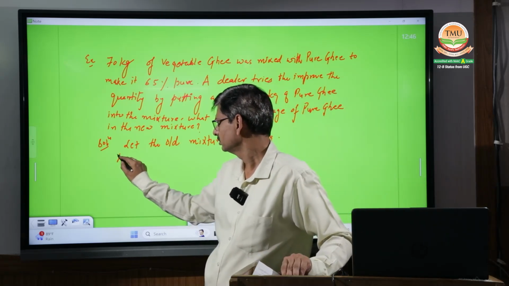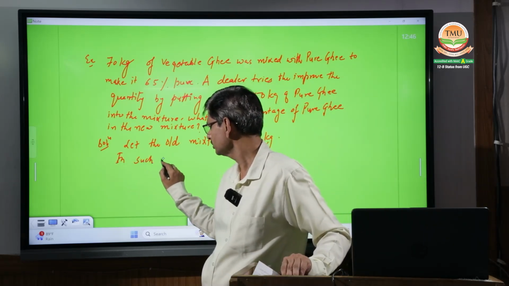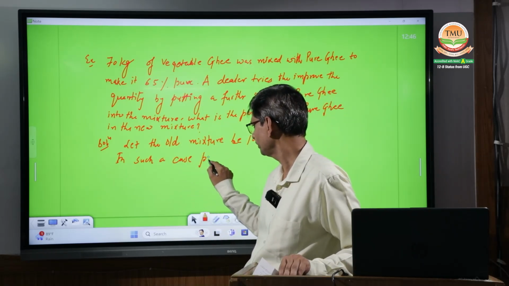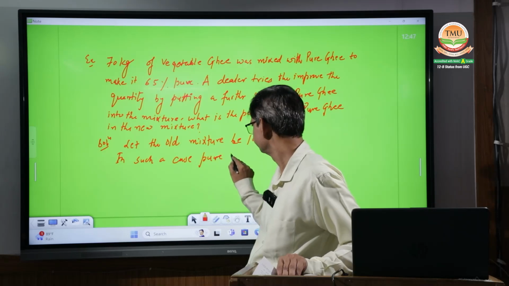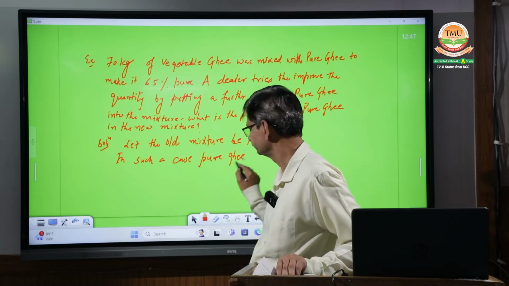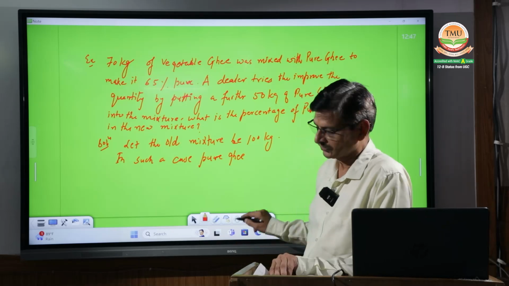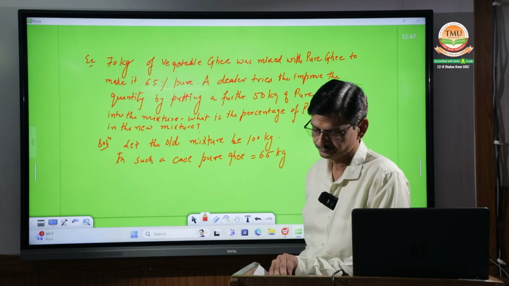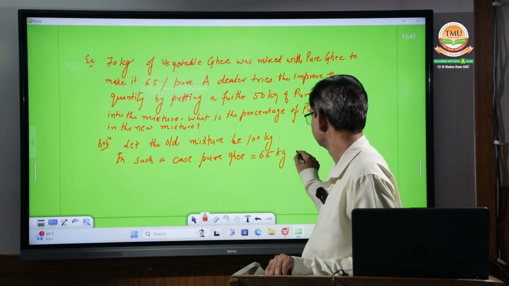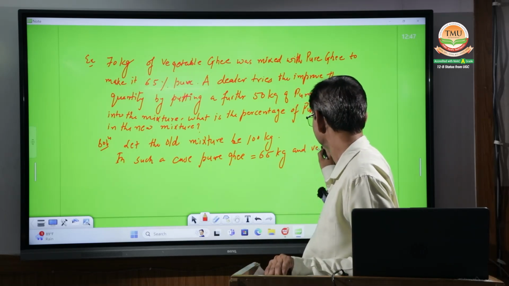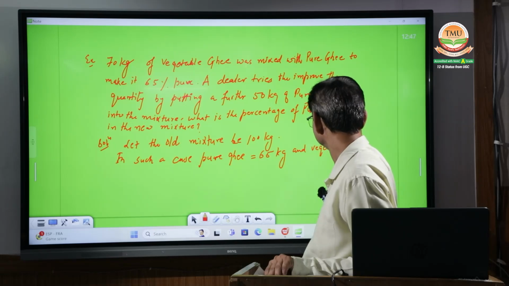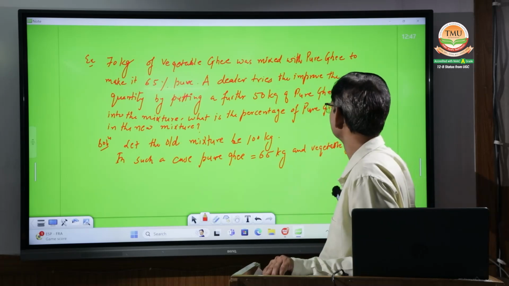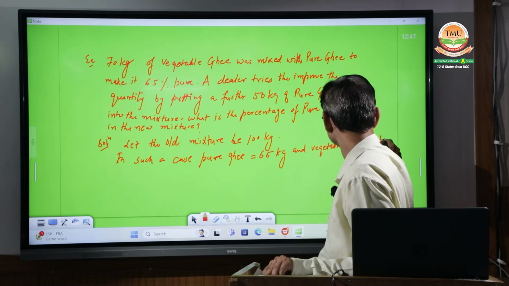In such a case, pure ghee is 65 kilograms and vegetable ghee is 35 kilograms.